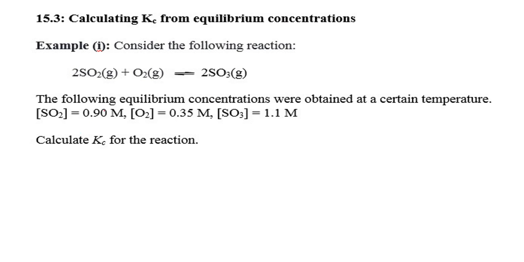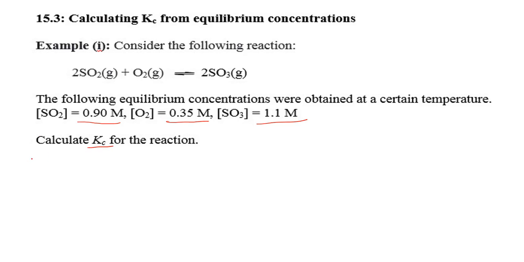Sulfur dioxide is 0.90 molar. Oxygen is 0.35 molar. And sulfur trioxide is 1.1 molar. So what is the Kc for this reaction, the equilibrium constant for this reaction?